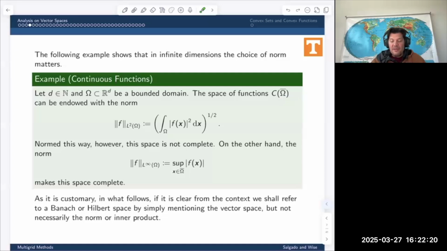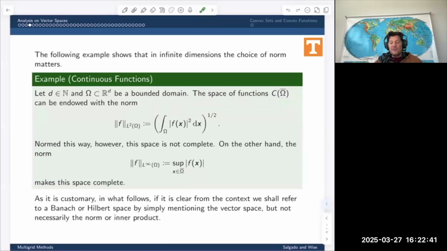Now, if I swap this norm out for another norm, I might get lucky. And in fact, if I use the L infinity norm, which is defined as the supremum taken over all x in the closure of omega of the absolute value of f of x, then this norm, the L infinity norm, makes this space complete.